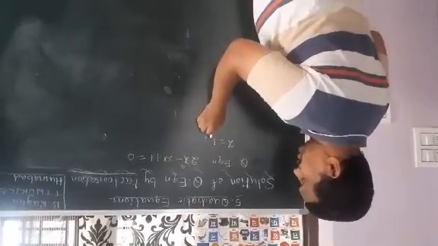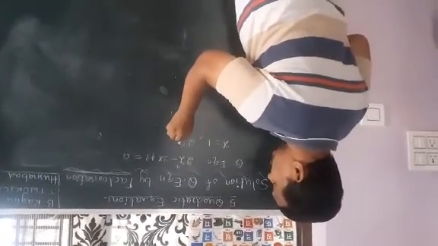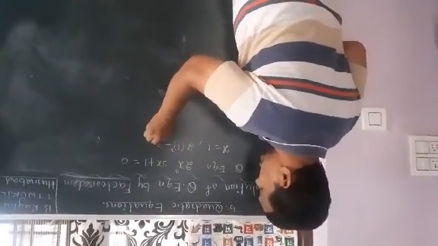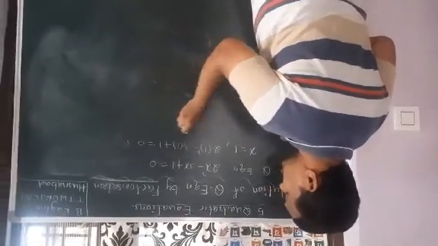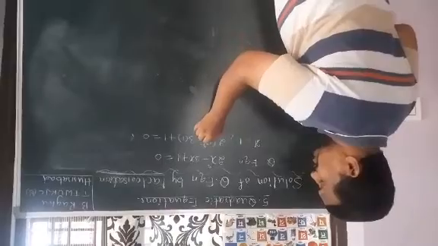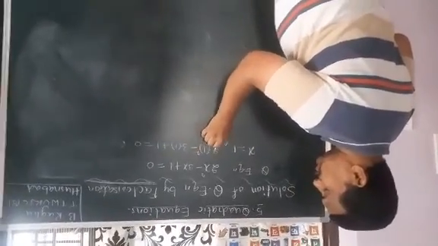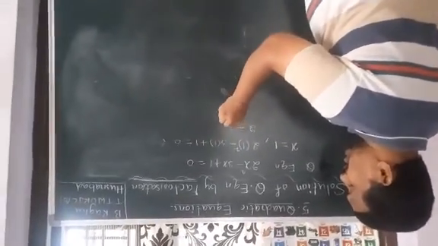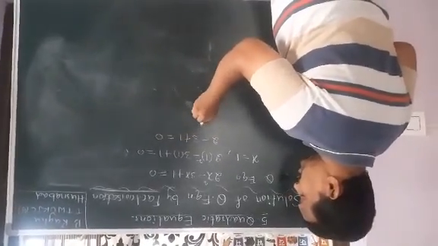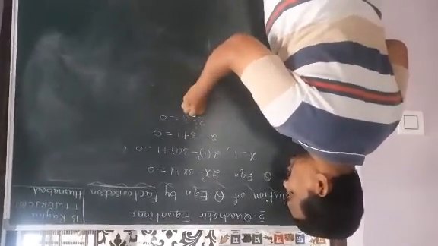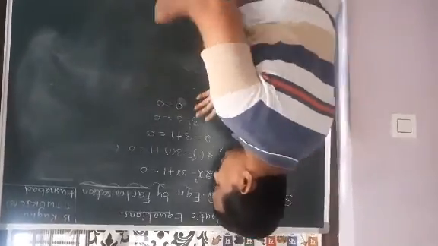x equal to 1. So 2 into 1 square minus 3 into 1 plus 1 equal to 0. 2 into 1 square is 1, 1 into 2, 2. Minus 3 ones are 3. Plus 1 equal to 0. 1 plus 2, 3. Minus 3 equal to 0. 3 minus 3 is 0. 0 equal to 0.